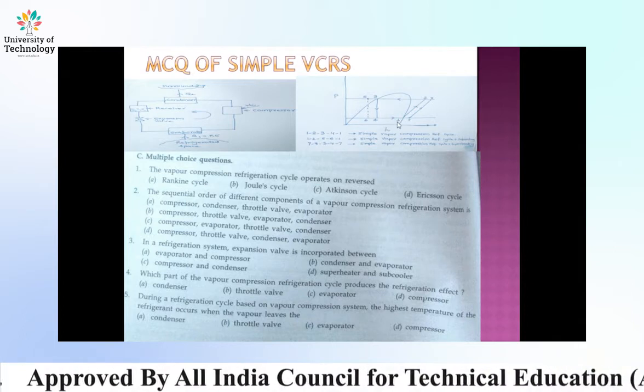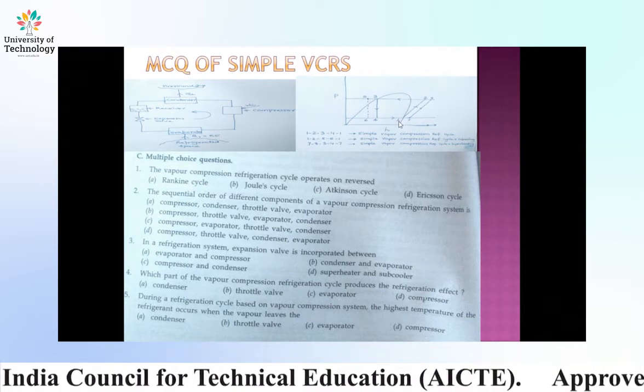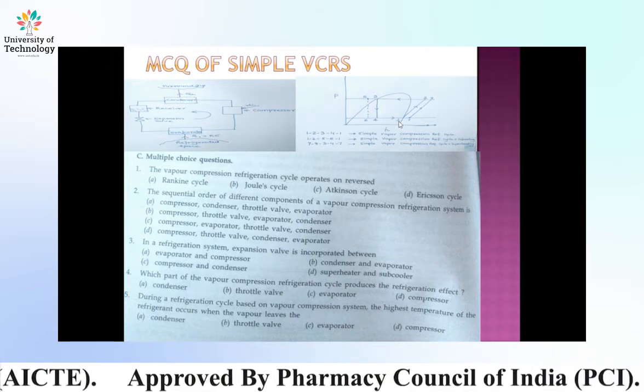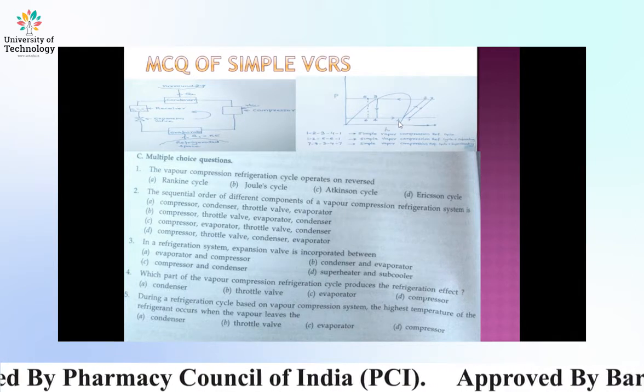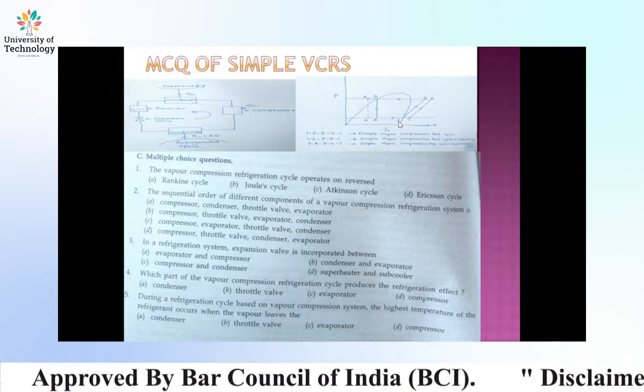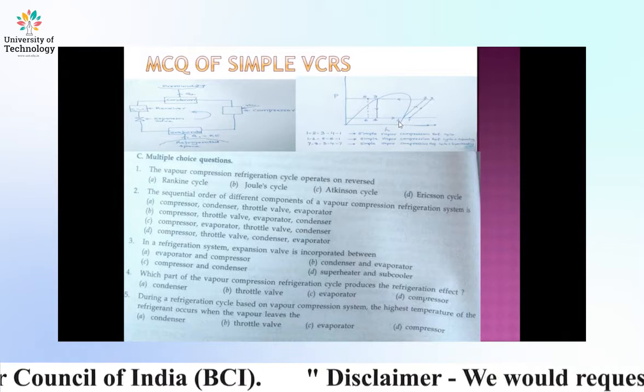So in simple vapor compression refrigeration system, there are two isobaric processes, one reversible adiabatic process or isentropic process, and one isoenthalpic process. Now check all the cases.